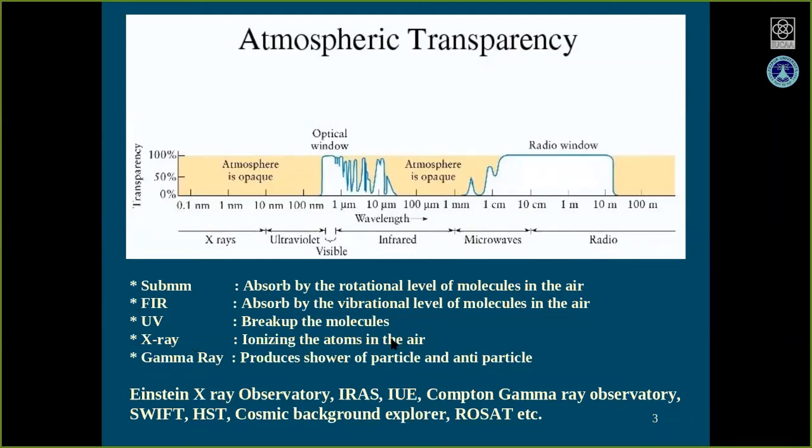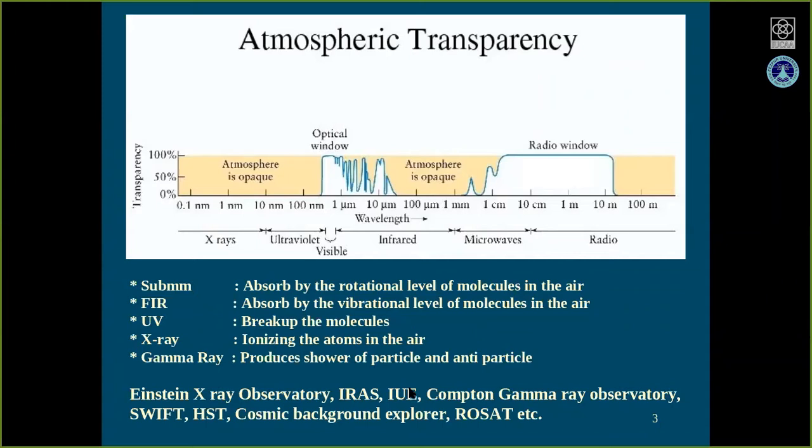So your atmosphere is opaque basically. Gamma ray produces showers of particles and antiparticles in your atmosphere. So you cannot have them. That is the reason why we have only two windows. One window belongs to your optical range and another window belongs to your radio.